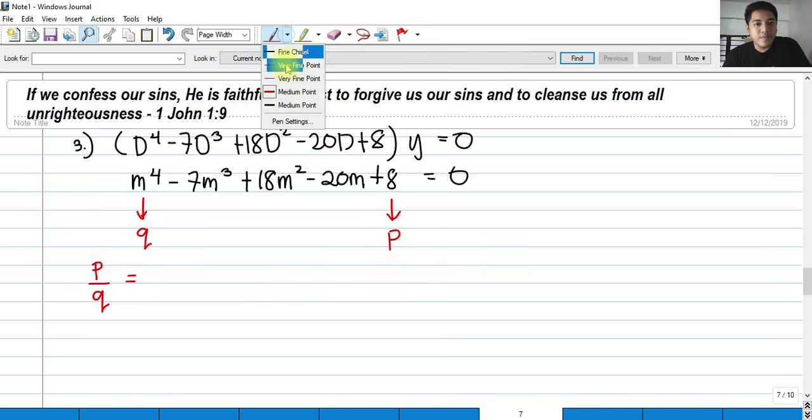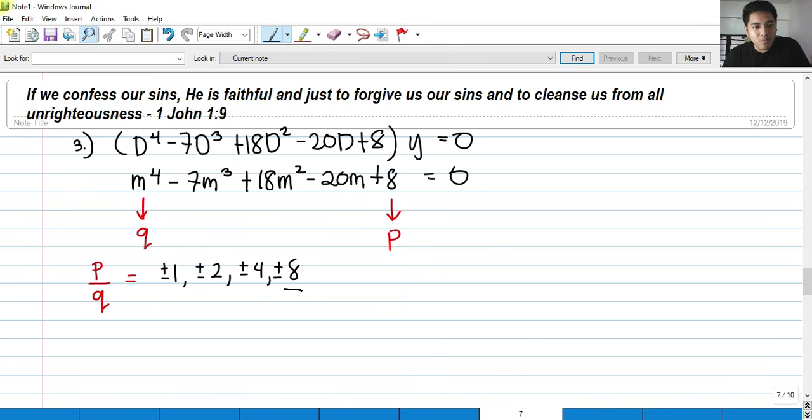So we have the multiples of p over q, multiples of 8. So we can have positive or negative 1, positive or negative 2, positive or negative 4, positive or negative 8, over the coefficient of this, which is 1. So positive or negative 1. Okay. So all of the combinations of this could be possible roots, but not all.